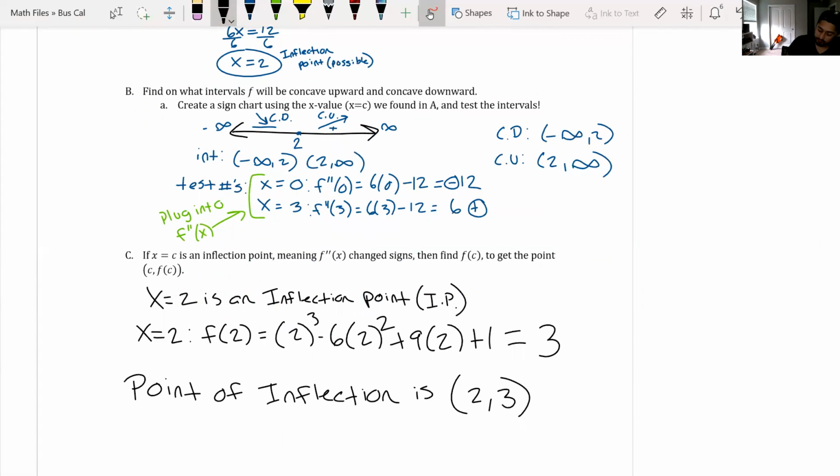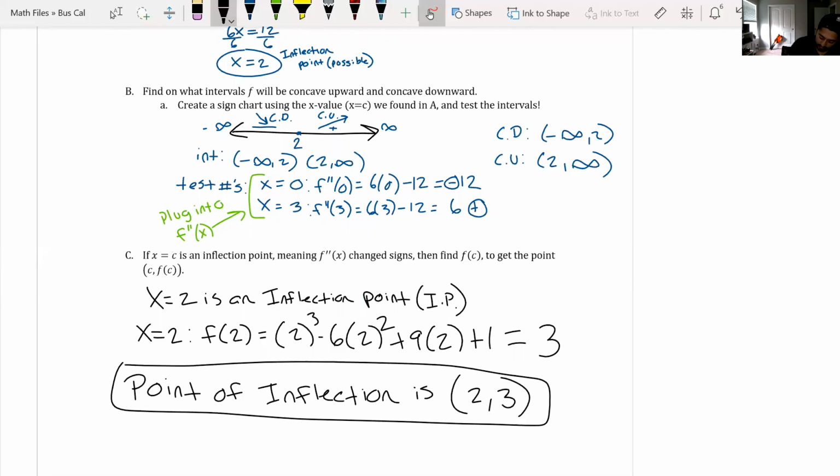And that's what we're looking for, the point of inflection. Okay. I guess to make a little side note, since 2 was an inflection point, plug into the original function. So I'll say that right here.